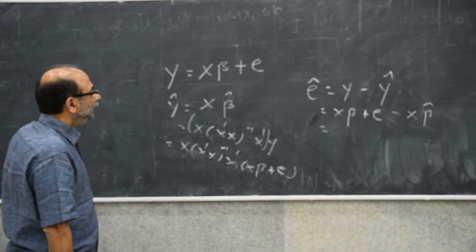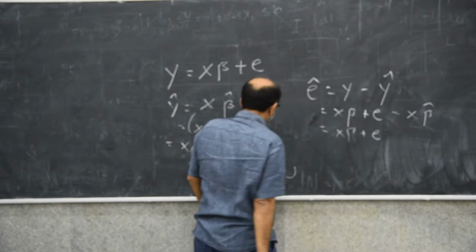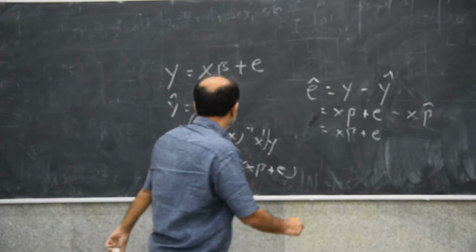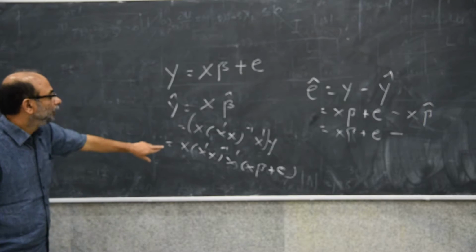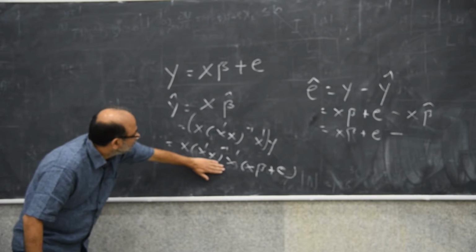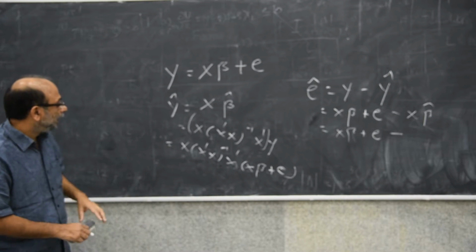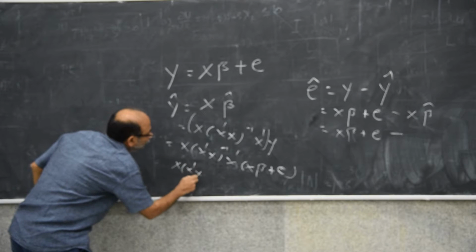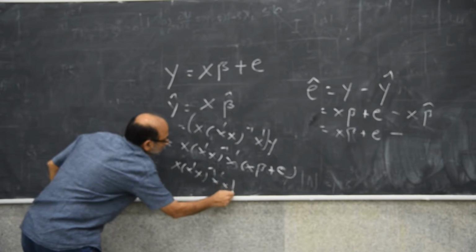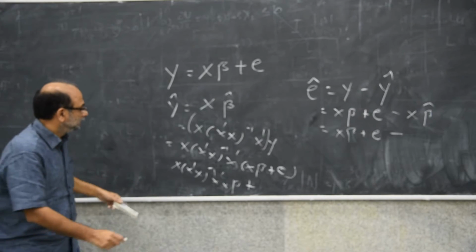If you simplify this and open these brackets out, this is going to be x into x dash x inverse x dash x beta plus x into x dash x inverse x dash e.